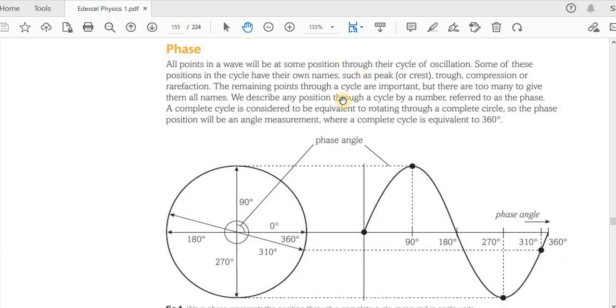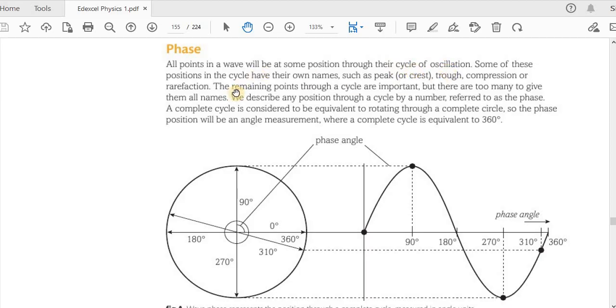If you go to my channel, you can see a video where I'm creating longitudinal waves as well as transverse waves in a slinky. So what happens then? The particles oscillate when the waves move in the material. So for example, in the slinky, the wave can move along the slinky. We can produce a longitudinal wave, and when the wave moves, it creates vibrations. All points in a wave will be at some position through their cycle of oscillation.